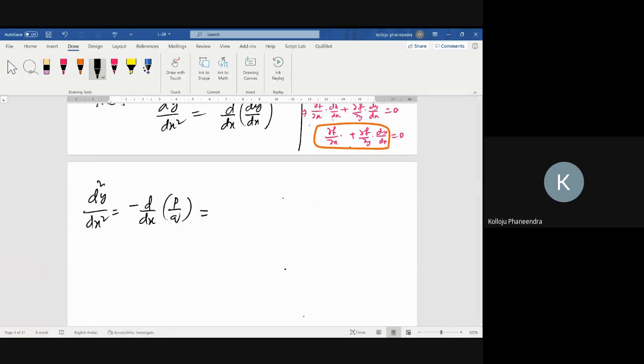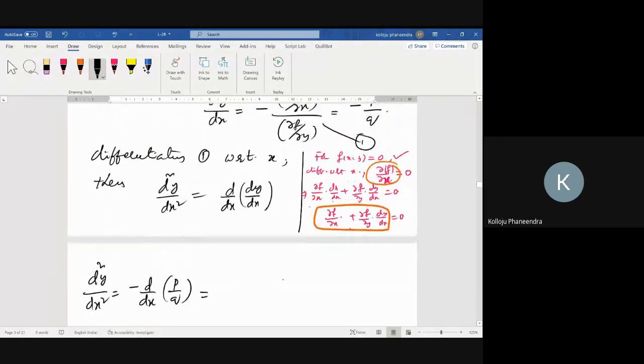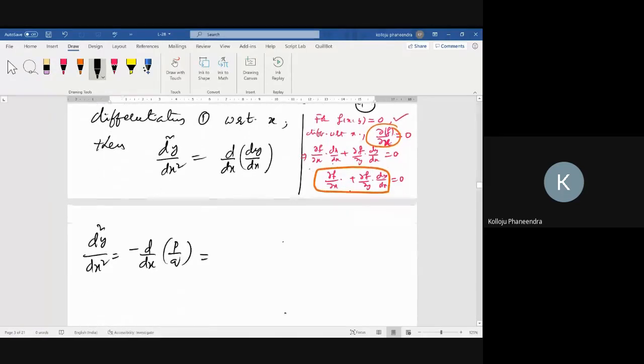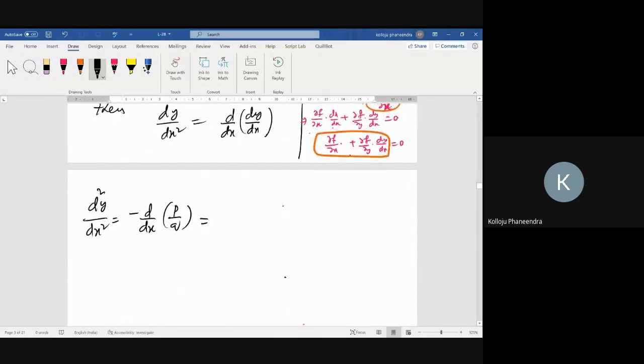Whenever a d term is there, I have to replace that. D by dx of p by q. This is the uv method: q into dp by dx minus p into dq by dx, by q square.